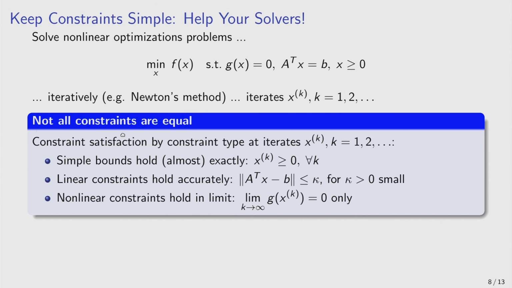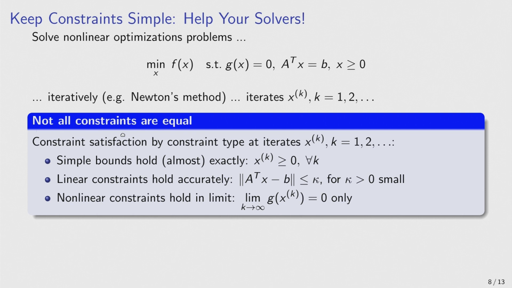Linear constraints, they hold accurately. So the solvers will guarantee that if a linear constraint is satisfied initially or in the end, then the residual between the left-hand side, A transpose X, and B is less than or equal to kappa, where kappa is a small constant.